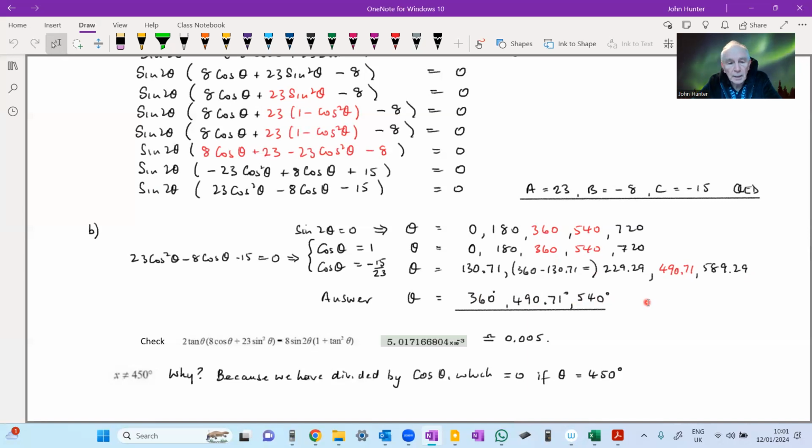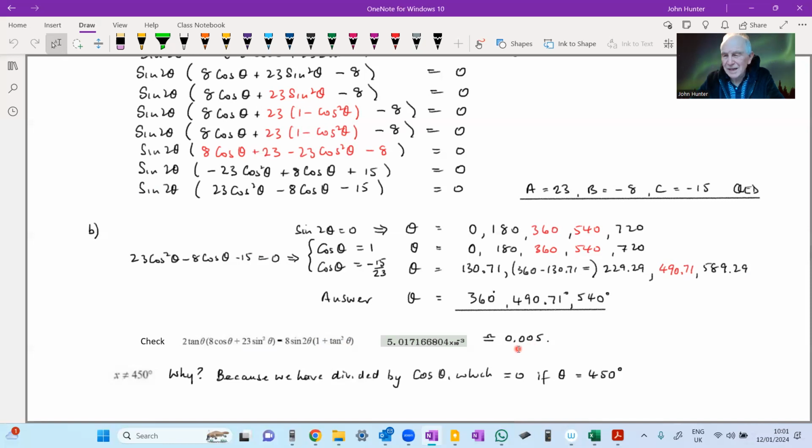Whew. Now, just as a check, I didn't do it with these, but I put 490.71 into this expression. That's a minus there, so I would be expecting 0 to come out of this. I worked it out and actually came to 0.005.